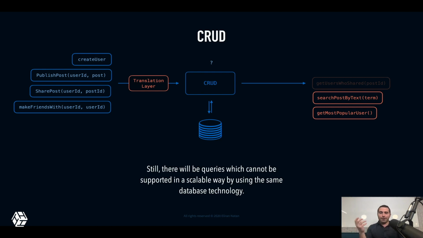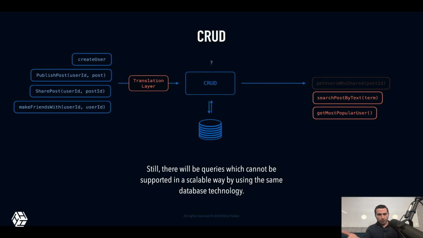For example, if I want to search posts by text, which is a very common functionality in social networks, or if I want to, for example, get the most popular user. Imagine that your users can be mapped into some relations graph, and you want to find the most connected user, which is also a very popular functionality when we talk about social networks.